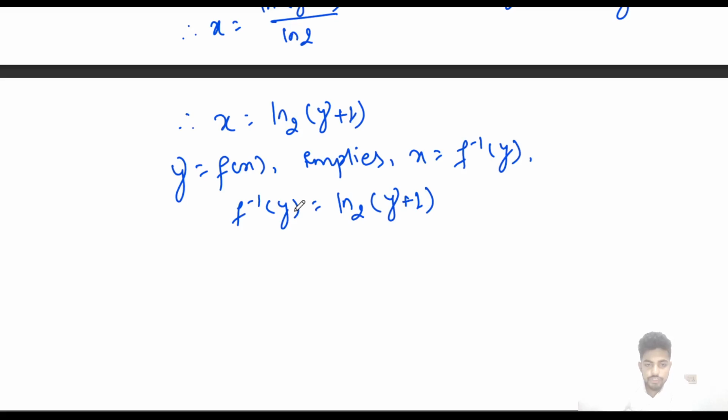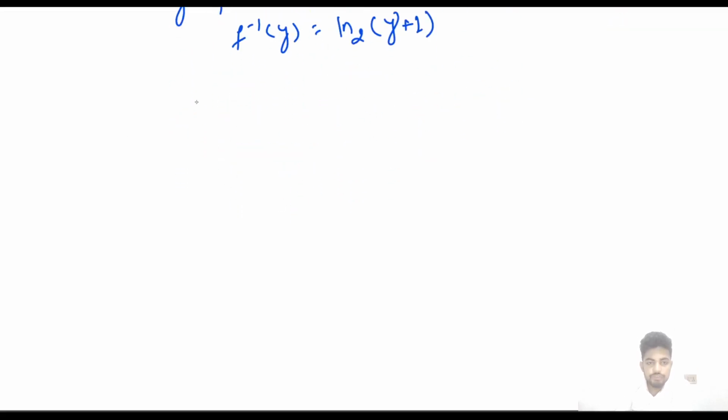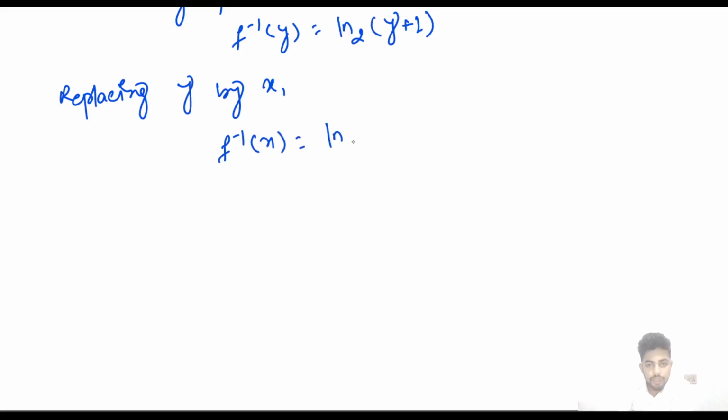So this is the f inverse of y. We need to find the f inverse of x, so simply we replace y by x. We have f inverse of x is equal to log base 2 of (x plus 1), which is the expression for f inverse of x.